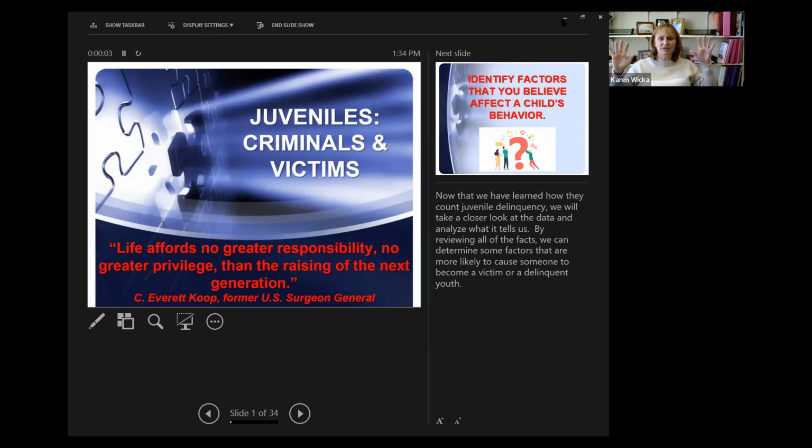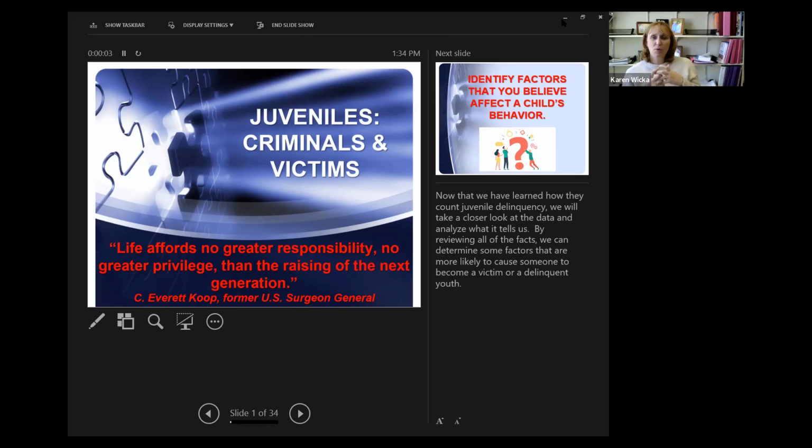So we're using all this research and all this data to start to put together a puzzle and come up with lists of factors that, if people have these factors, maybe they're more likely to turn to delinquency. And if they don't have these factors or they have other protective factors, they're more likely to stay away from delinquency. Okay, so those are some of the things that we can put together with all this research.